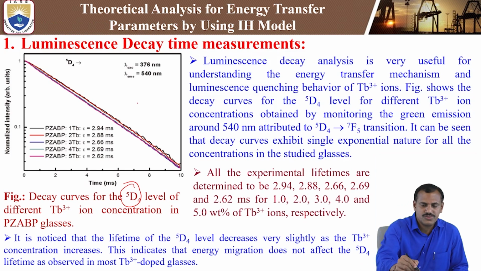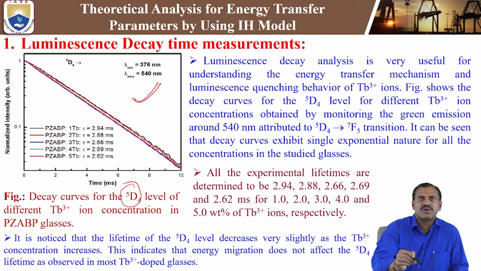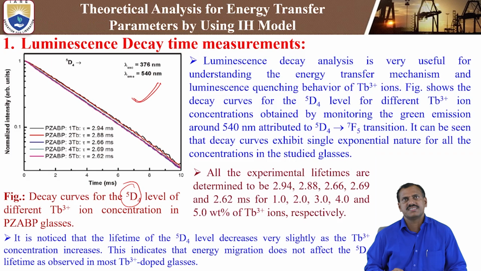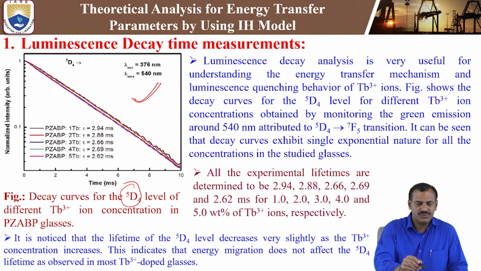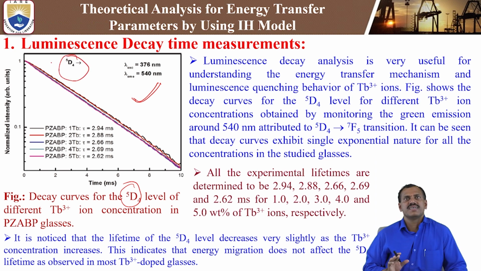We cannot fit this single exponential nature with the IH model. Only when we get non-exponential luminescence decay can we fit the Inoue-Hirayama model. That is why the 5D4 level, which shows completely single exponential nature, cannot be used to calculate the IH model.